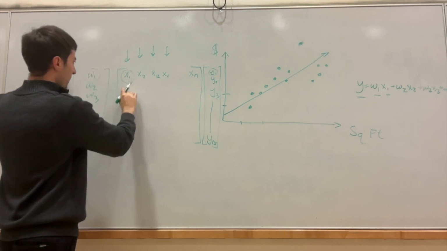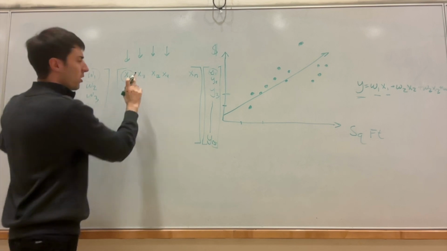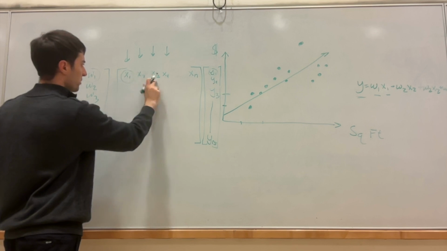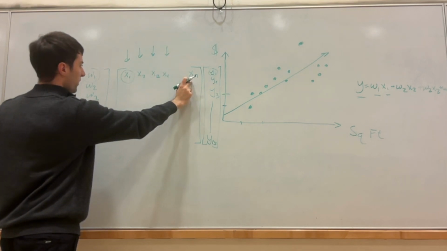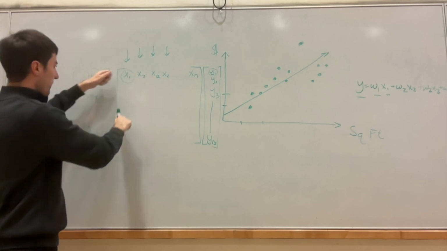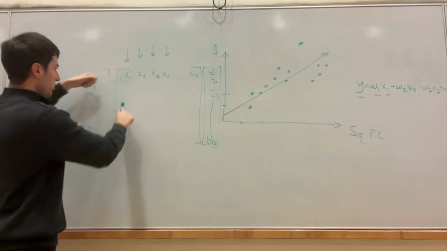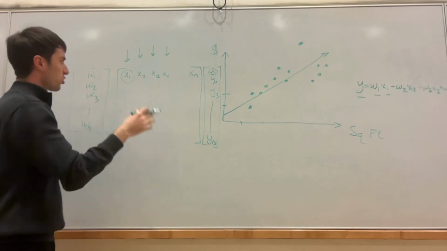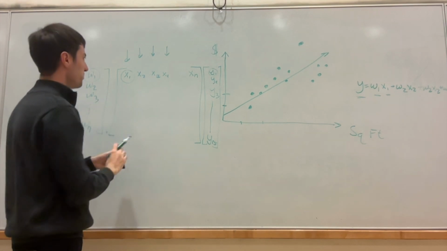Okay, so actually, I don't want this to be x1, x2, x3, x4 as a row, because I want to multiply it this way. So I can just transpose this big matrix.